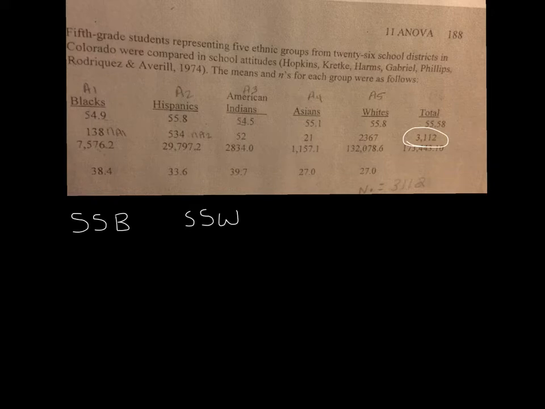And what that means is that we're looking for the differences in the data. The sum of squares between means we're looking for the differences in the data across the columns. The sum of squares within means that we're looking for the deviations in the data in the column itself. So just in that category, we're looking at what the deviations are, or the standard deviations there. And the SSB is the deviations between the groups, okay?